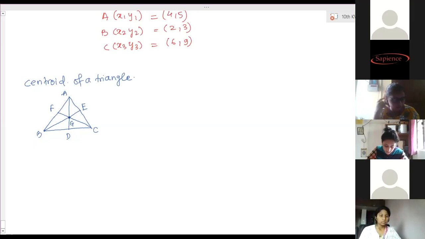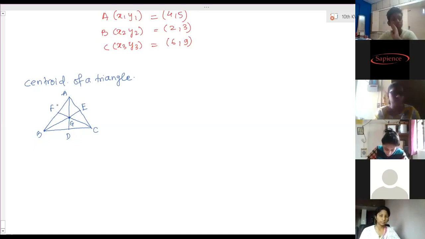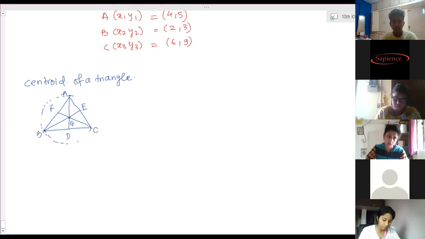This is the center of a circle which passes through all three vertices of the triangle. This circle is called the circumcircle. The center of that circle is called circumcenter, and that is the centroid.